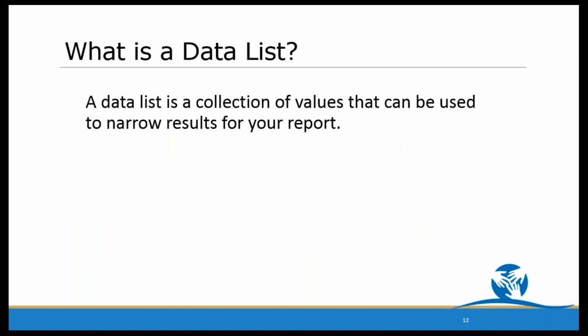Data list. So what a data list is, it's really a collection of different values that you can use in your report. So simple explanation is, I have a clinic that has 60 providers.